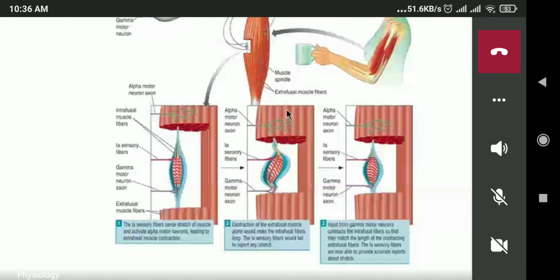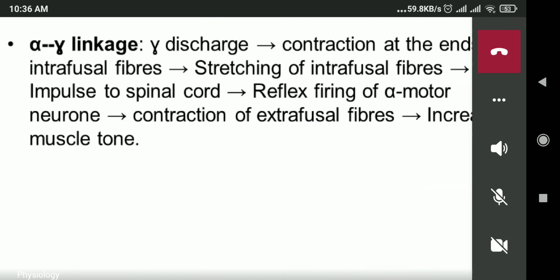Alpha motor neuron is contracting the extrafusal fiber. When the extrafusal fiber is contracted, at that time the tone increases, and that is called alpha gamma linkage. Actually, you can say gamma alpha linkage, but generally it is called alpha gamma linkage.